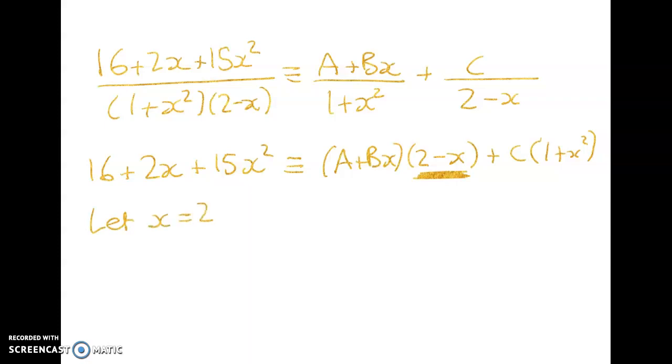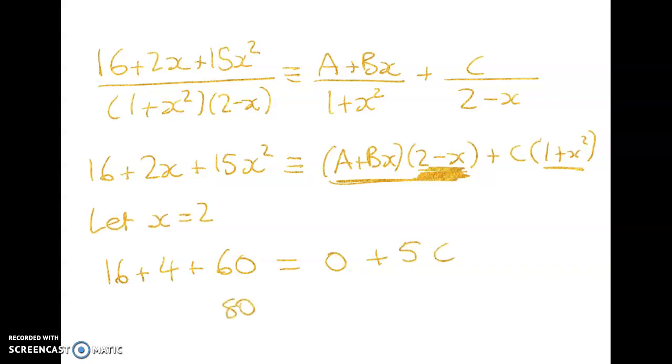So if we let x equals 2, we get 16 plus 4 plus 15 times 4 is 60, is equal to 0 from all of this, because that one's 0, plus c times 5. That gives me 80 equals 5c. c is equal to 16.